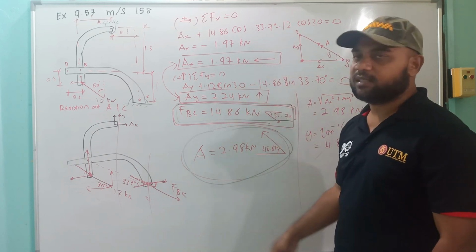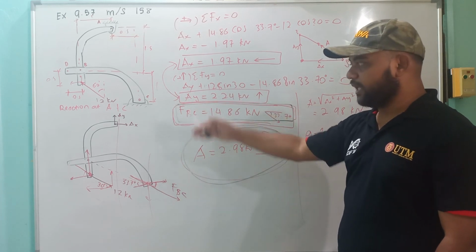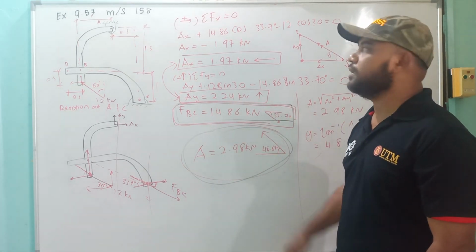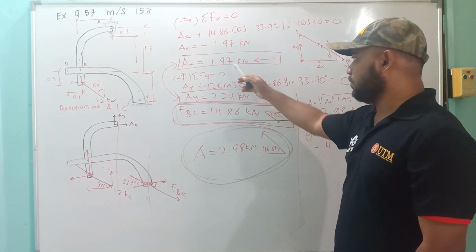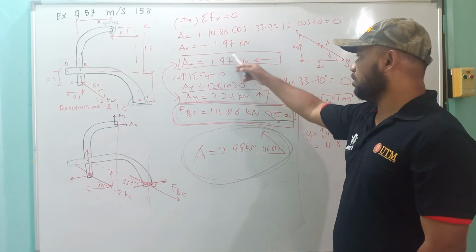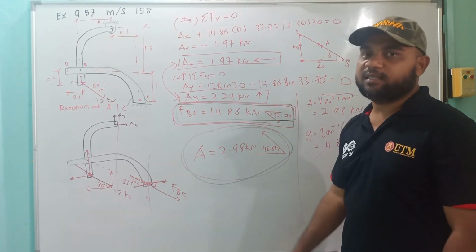We have to analyze first. I'm starting from sigma moment first at point B, point A. Okay, you have to choose wisely the point, and then we go to sigma Fx, sigma Fy, interpret what is the value of negative here, and then combine the component to become one single reaction force.